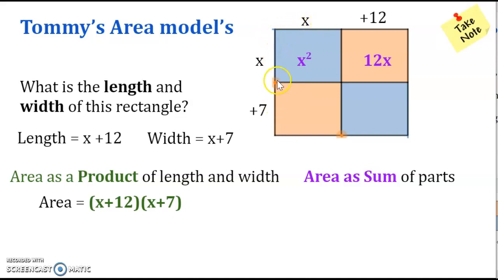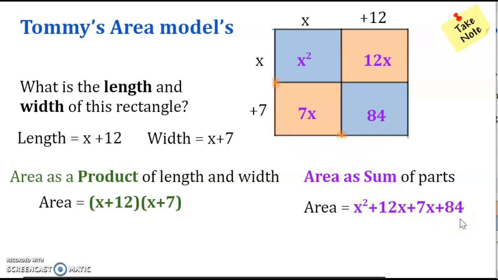This length is x, because we're told that this length is x, and I know that this length is exactly the same as this length, so that's x times 7, which is 7x. And then finally, this area is 12 times 7, which is 84. So the area as a sum of parts becomes x squared plus 12x plus 7x plus 84.